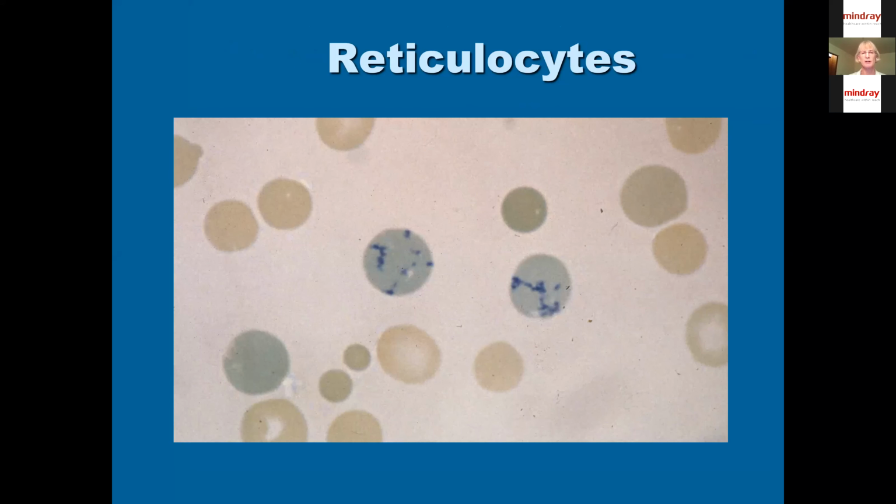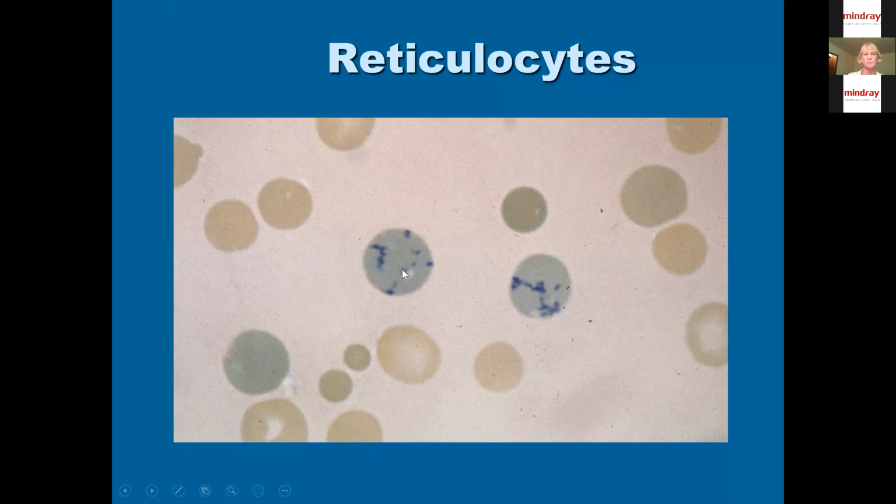And here's a picture of a couple of reticulocytes in the middle of the blood smear image. And this is from a stain with new methylene blue from peripheral blood. And reticulocytes are newly formed red cells that have just left the marrow. They circulate for about a day, and they have increased polyribosomes, which are the machinery for making hemoglobin.